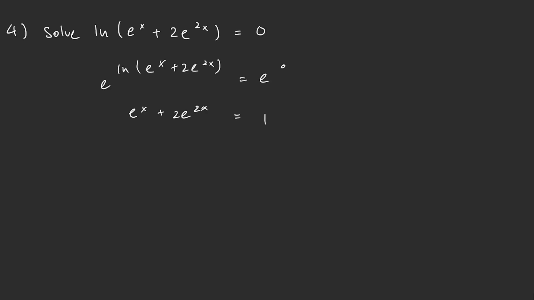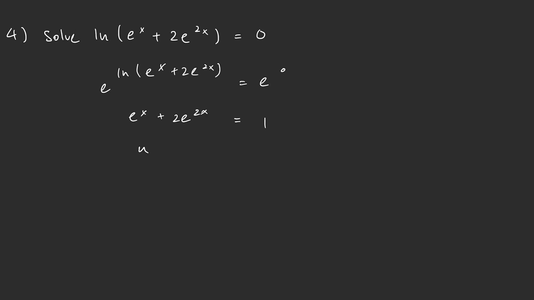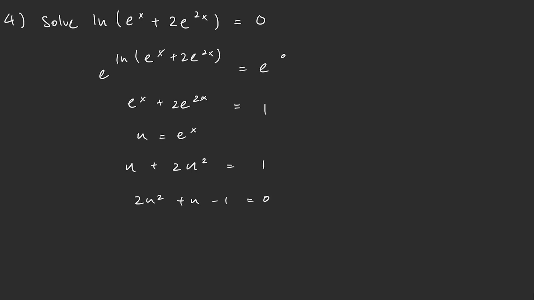Well, what do we have here? We can call u e to the x, which gives us u plus 2u squared is equal to 1. 2u squared plus u minus 1 is equal to 0. And I'm just going to tell you, you have to use the quadratic formula for this.